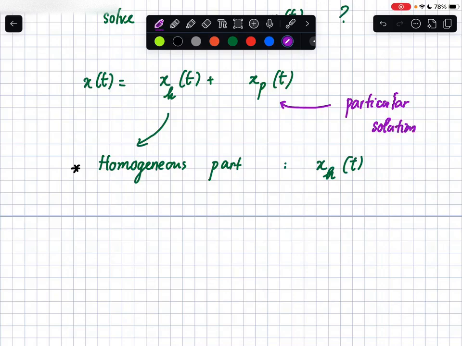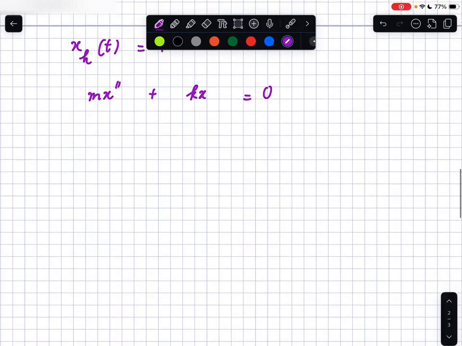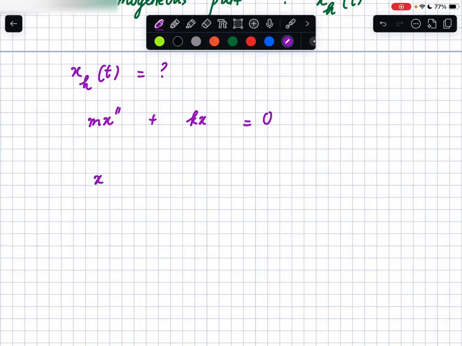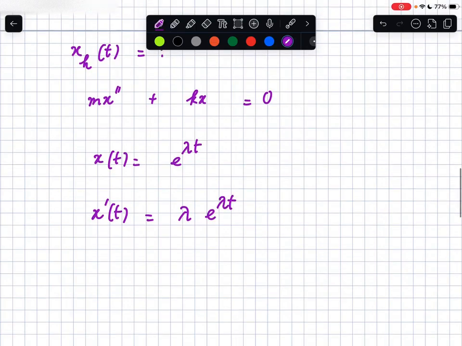For the homogeneous part, x homogeneous, which is a solution of m x double prime plus k x equal to 0. So let me just write x for now, x(t) of the form e to the lambda t. x prime(t) is lambda e to the lambda t. x double prime(t) is lambda square e to the lambda t.